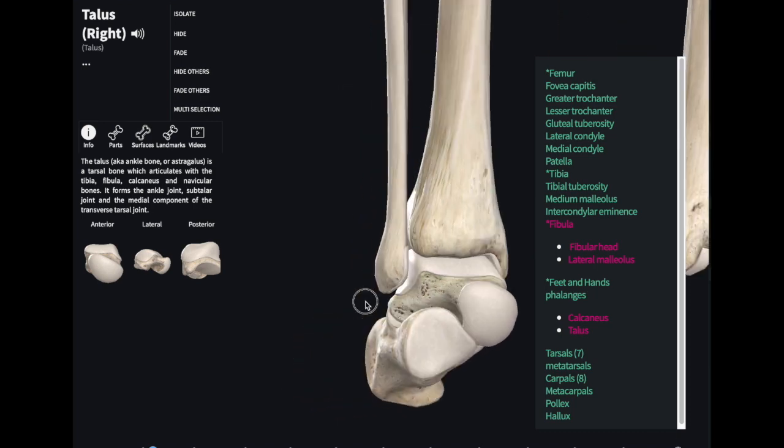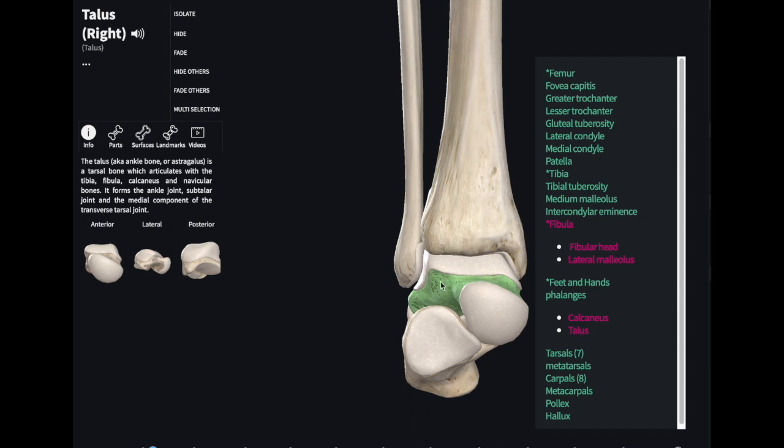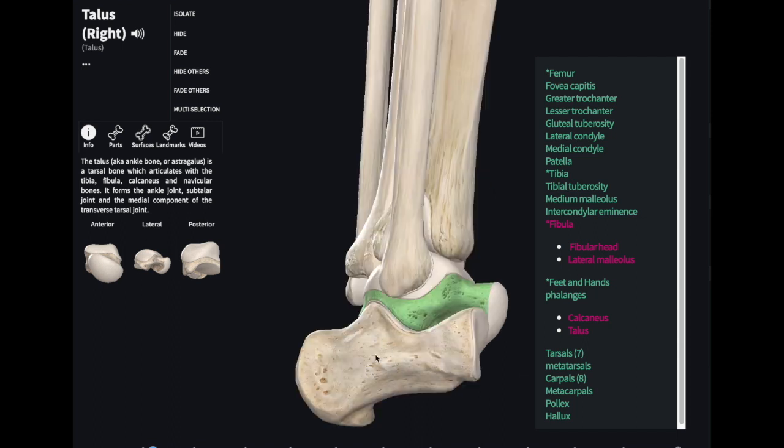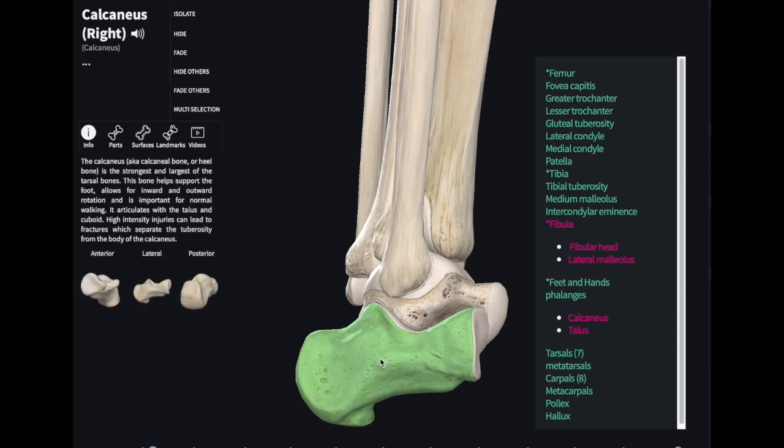Actually both our tibia and fibula will sit on the talus bone. And then the last tarsal bone that I'd like for you to know is the calcaneus. This is a really large ankle bone. Our calcaneus forms our heel. It's the posterior most part of our tarsal bones.